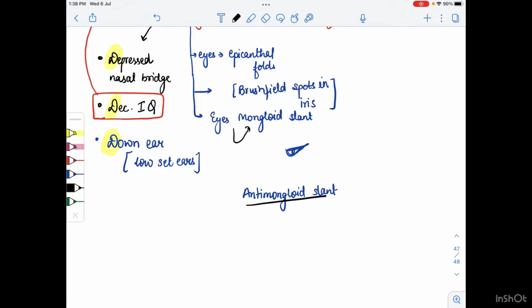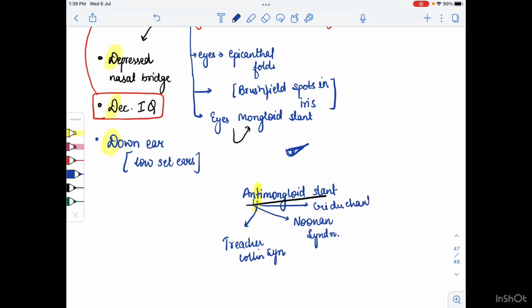In anti-mongoloid, I remember it like T for Treacher-Collins syndrome, N for Noonan syndrome, and one more, that is Cri-du-chat syndrome. In these three conditions, we see anti-mongoloid slant.